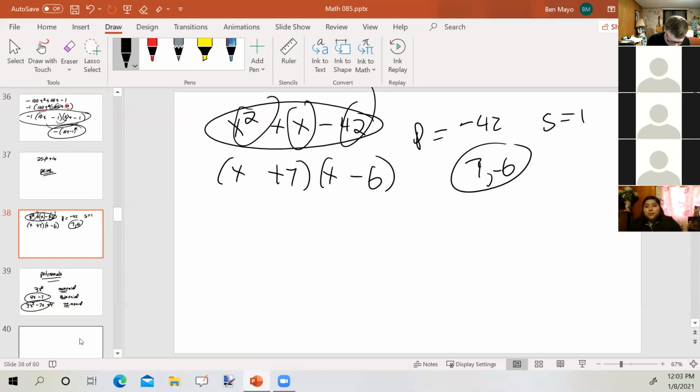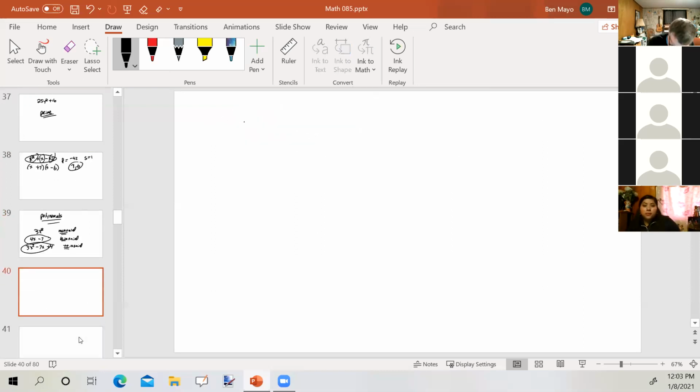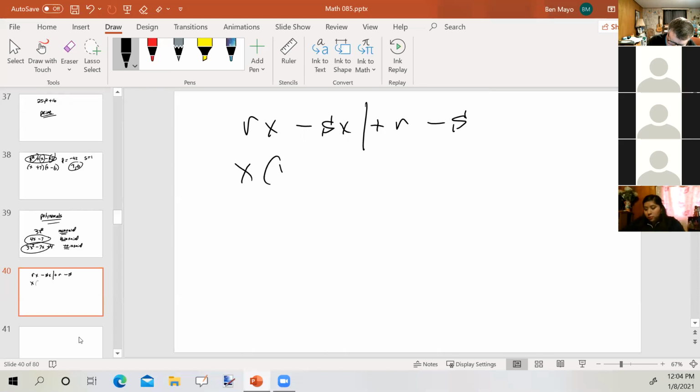All right, let's see here. How about this? rx minus sx plus r minus s. Four terms. Think back over the last few days. What have we had that had 4 terms? What did we do with those 4 terms? Factoring by grouping. The greatest common factor of the first 2 terms is x, with a remainder of r minus s.